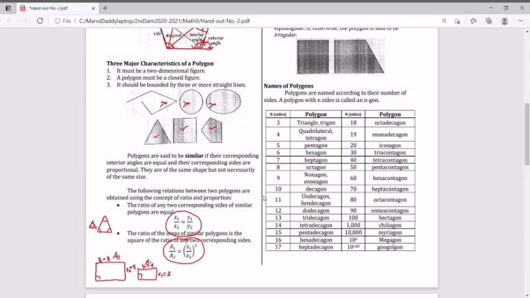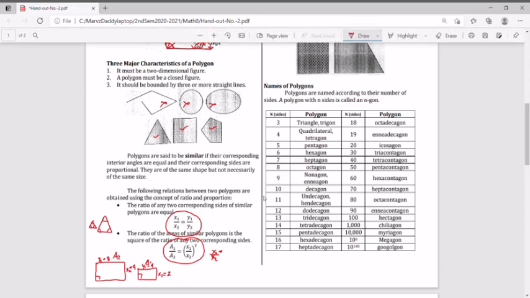The ratio of any two corresponding sides of similar polygons are equal. So, x1 over x2 should be equal to y1 over y2.